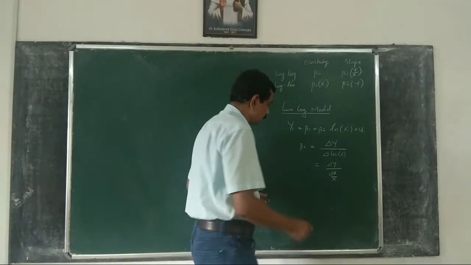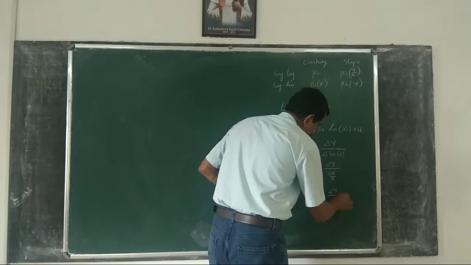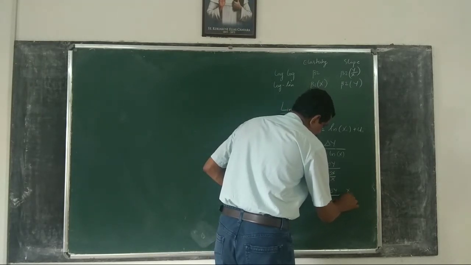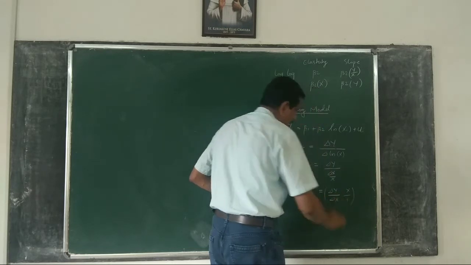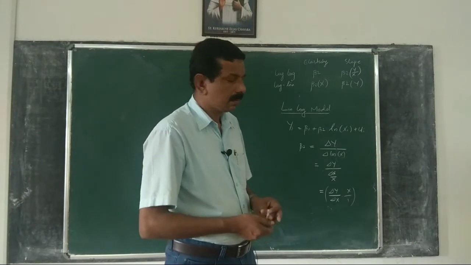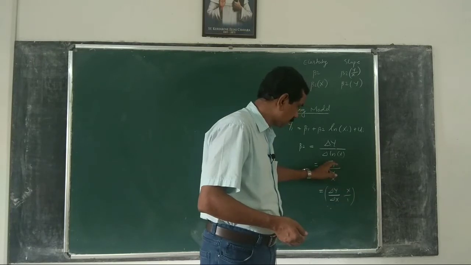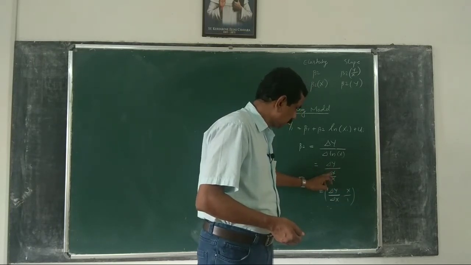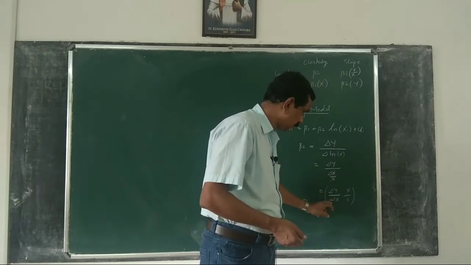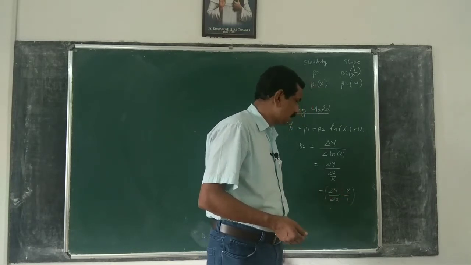It can also be written as delta y by delta x into x by 1. Delta y divided by delta x by x, that is delta y by delta x into x by 1.